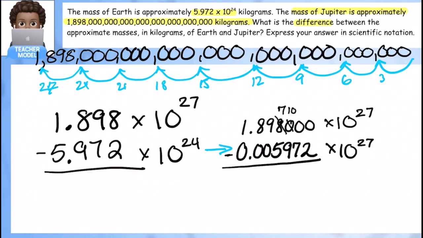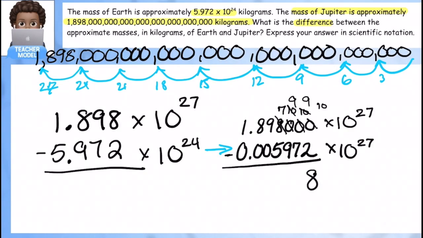Now I can subtract. I can't do 0 minus 7, so I'm going to regroup. And I can't do 0 minus 2, so I'm going to regroup. Now I have enough that I can do all my subtraction. Again, this is the method that I teach to elementary school students that just helps them do all their borrowing first before they do any subtraction.